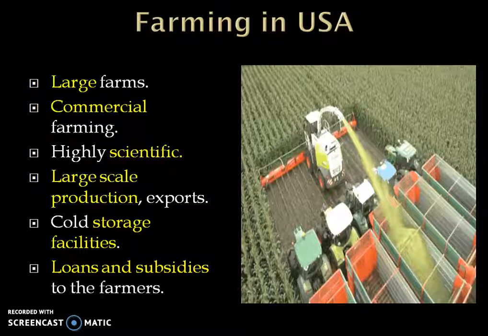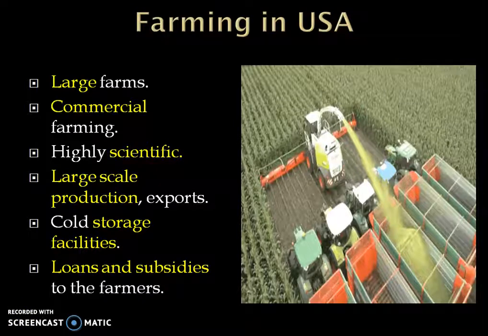Third, highly scientific. Farmers use highly scientific methods of cultivation like use of high yielding varieties of seeds, fertilizers, better methods of irrigation, soil conservation techniques, and use of combined harvesters.